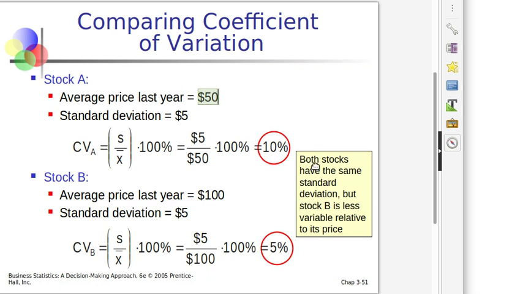That is, both stocks A and B have the same standard deviation, $5. They differ from the mean. But stock B is less variable, it does not change much relative to its price, because it's only 5%.